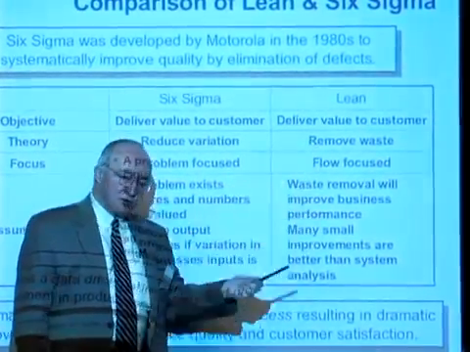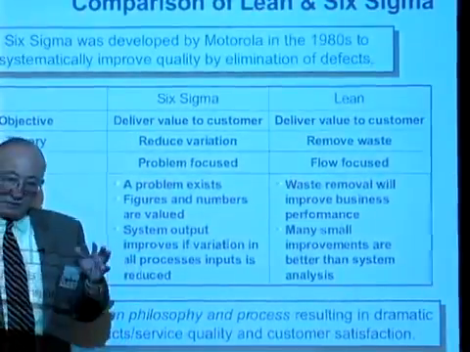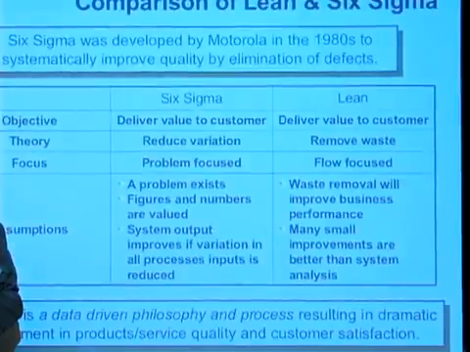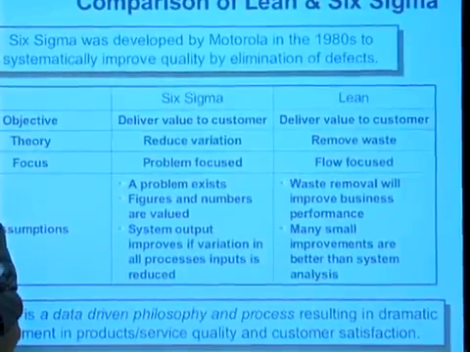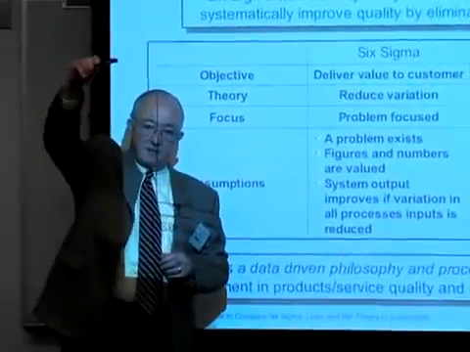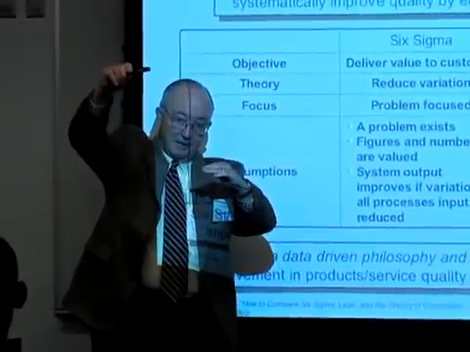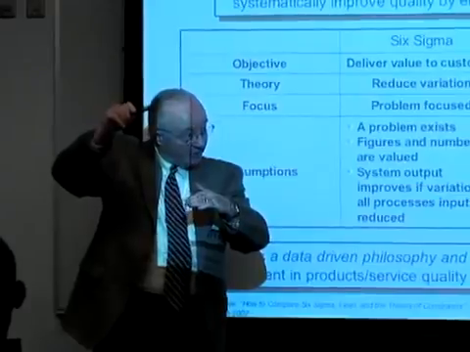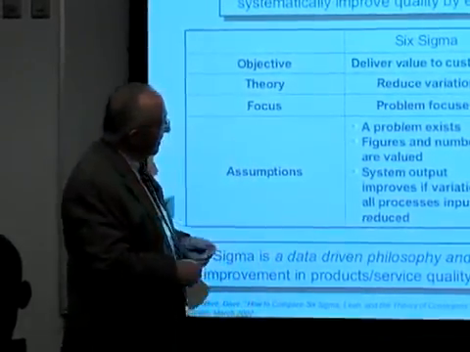But on the lean side, we're trying to remove the fact that people come to work every day to waste things. It turns out that waste is, if this is the perfect way of doing it, and we're doing it now, the difference between what we're doing now and how good it could be is a definition of waste.